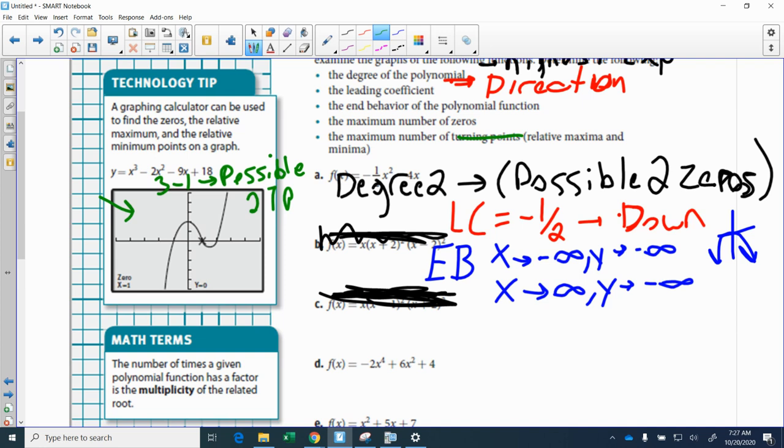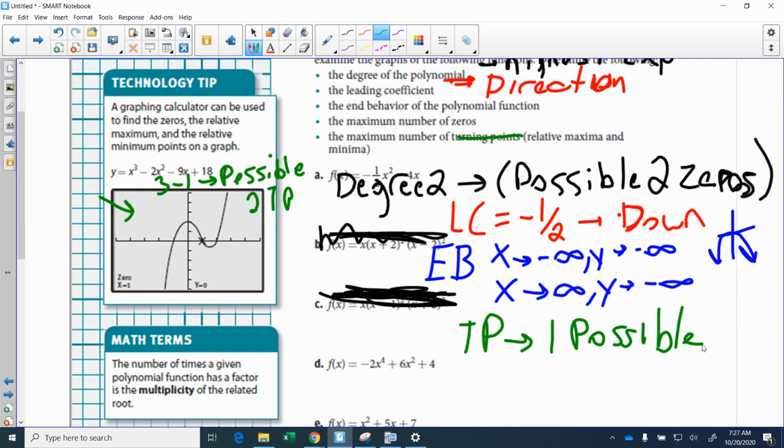And that's really all you have to do. So for this problem, I have a degree 2 polynomial, which means if I'm thinking about my turning points, I could have 1 possible, or I should say in this case, I think you're going to need 1. I think 1's the lowest value you could even have. But in this case, I should have 1 possible turning point, okay? Because I took the degree, which was 2, and subtracted 1 from it.